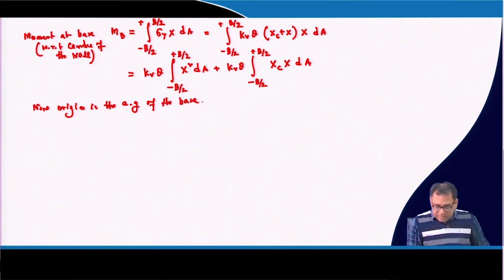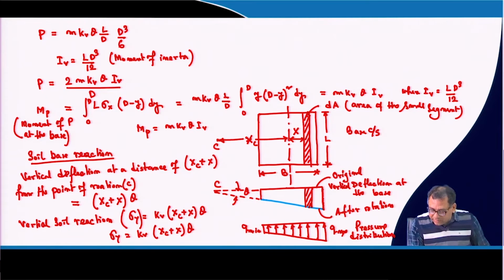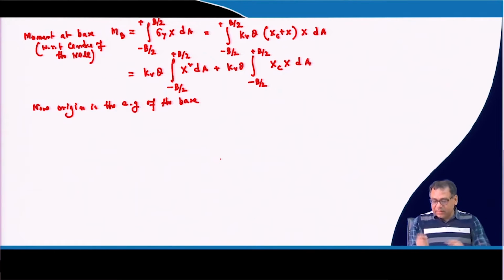That means this is the origin and that is itself the CG of the base. So, if I take a moment about the origin, in that case this x value is equal to 0, because it is the CG of the base, and on that CG the reaction will act. So, x will be 0.